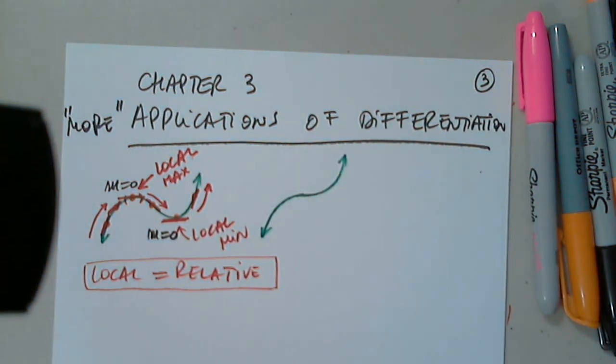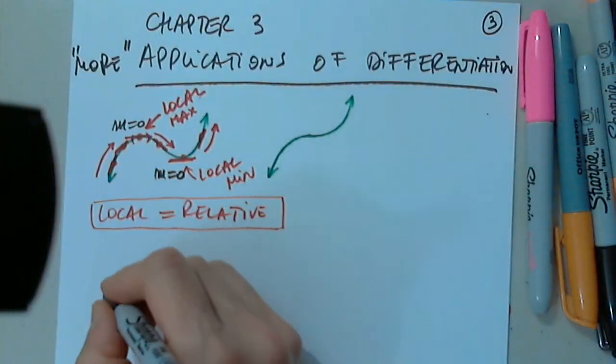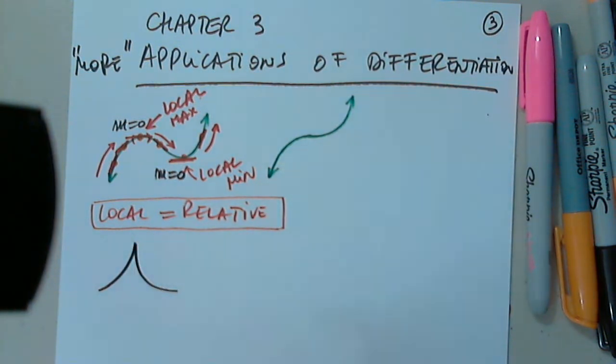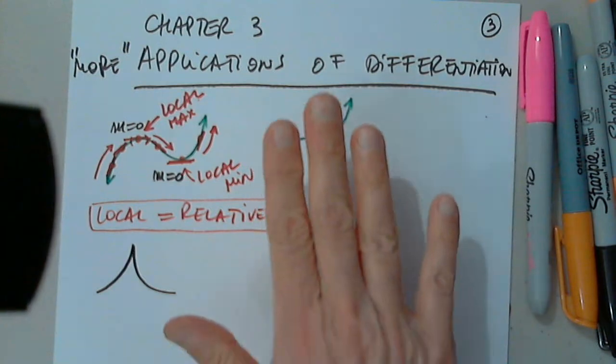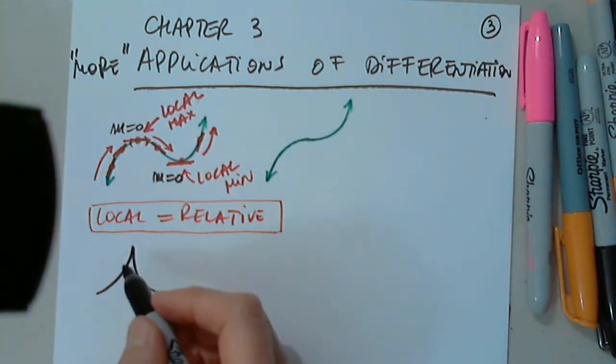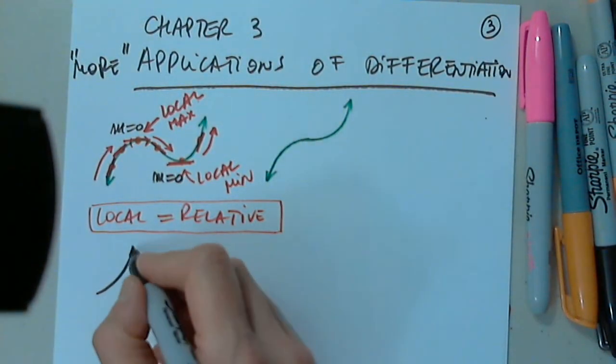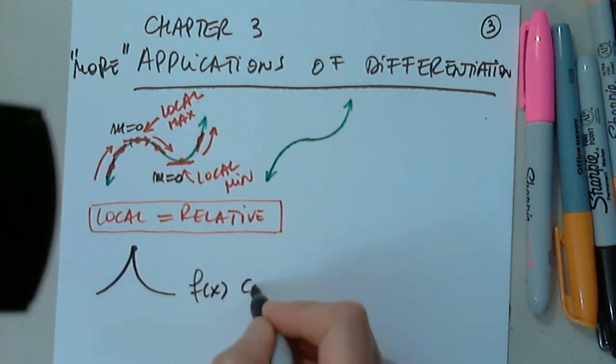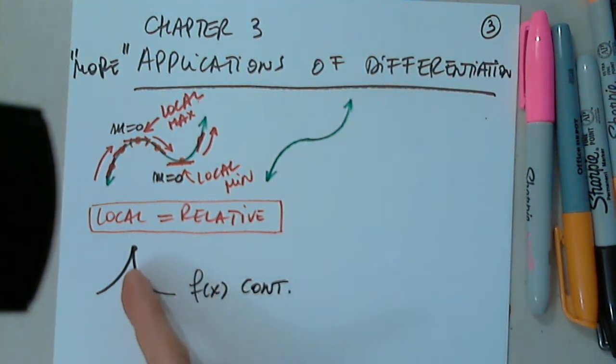There is also another possibility, to be exact. So what about this? I'll come back to this graph in a minute. What about here? What do we know about such a point? This is a function, it's continuous. But what do we know about this point?